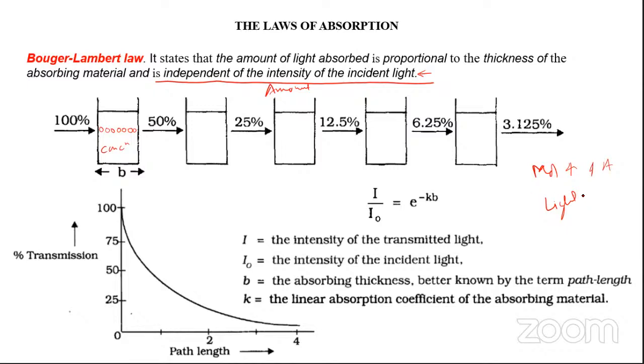Putting it the reverse way, if the number of light radiation striking increases, will it not increase absorption? Are you getting my point? So does it seem to be dependent upon the intensity of incident light, or does it not?